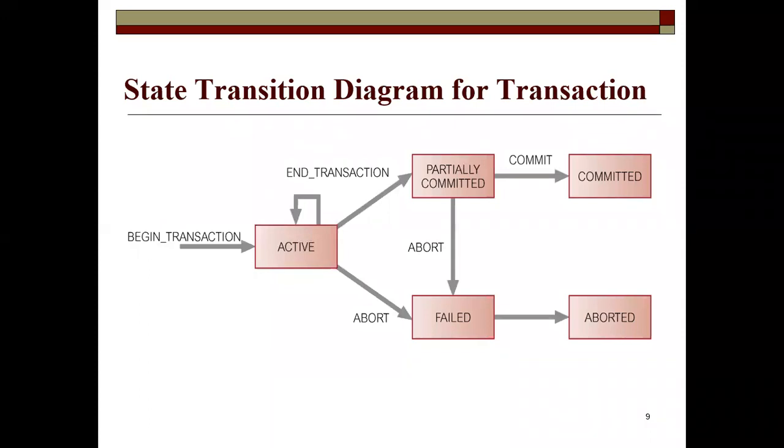So the question here is, it needs to be transmitted from RAM to the hard disk in order for us to say that our effects have been made permanent. So through the commit action, we move from partially committed to committed state. In the committed state, the effects of the transaction are reflected in main memory where the database is.